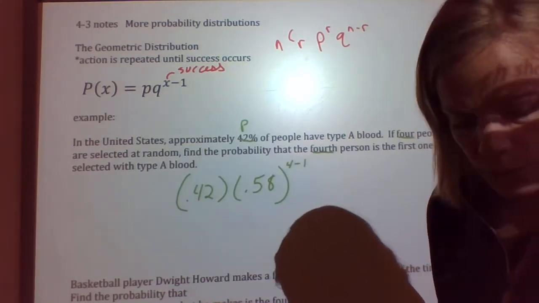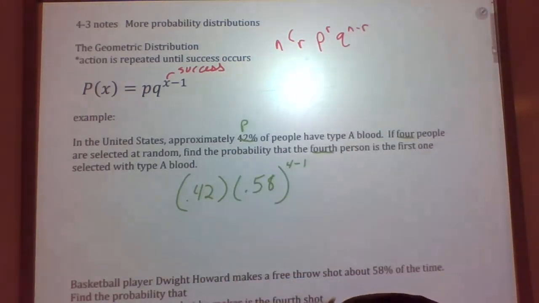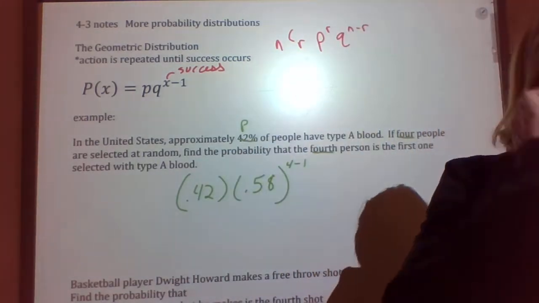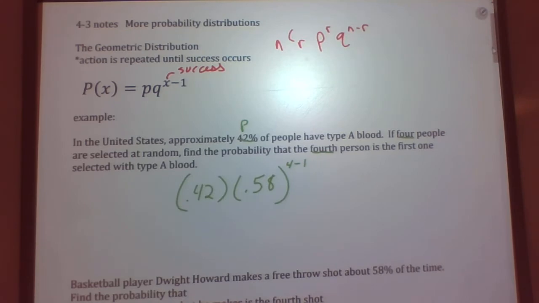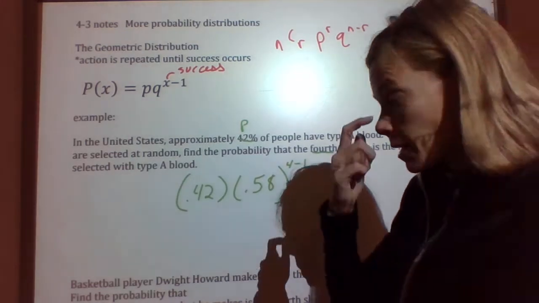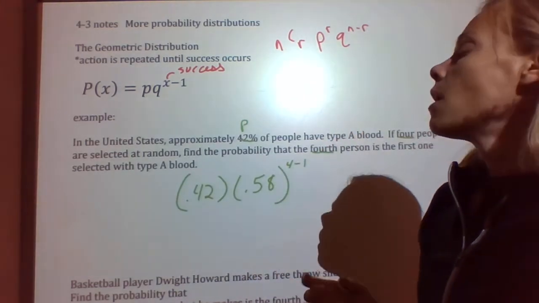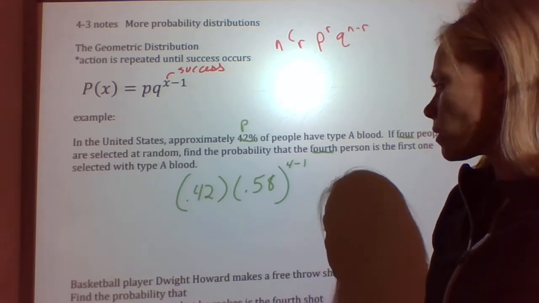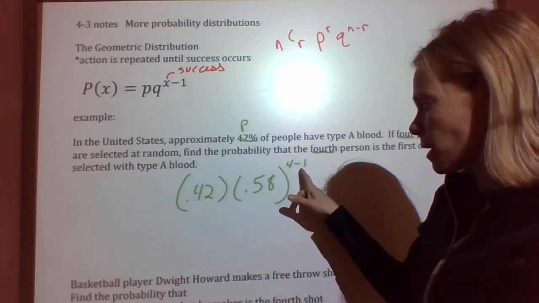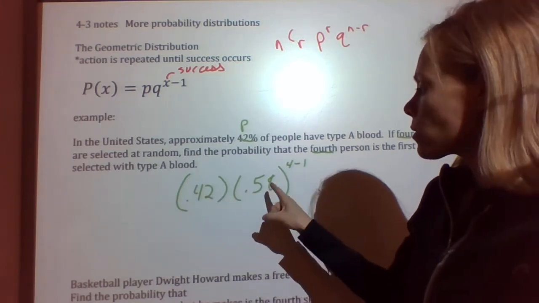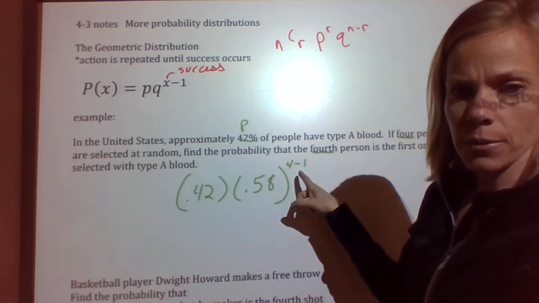When you're putting this in the calculator, you do need to be careful, because what students do wrong is they multiply and then take it to the power. Only the Q is going to that power.